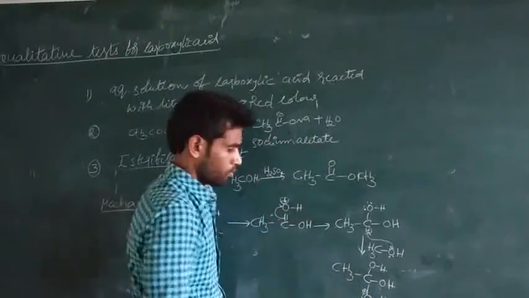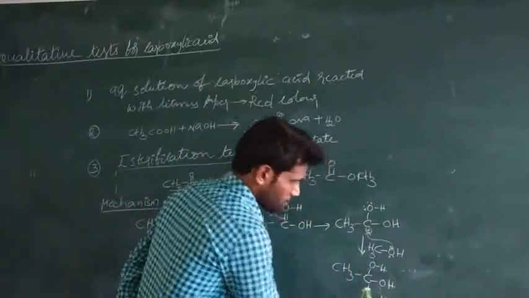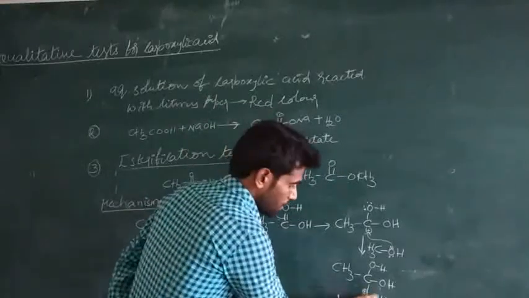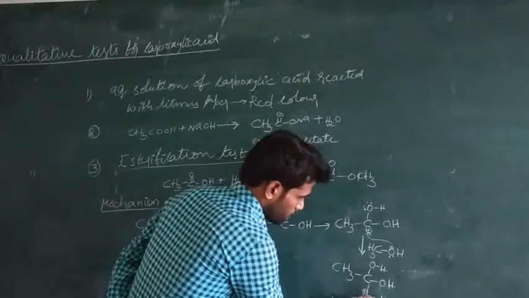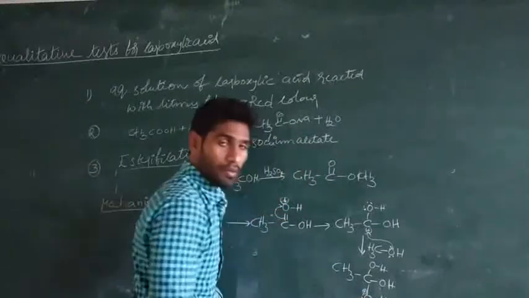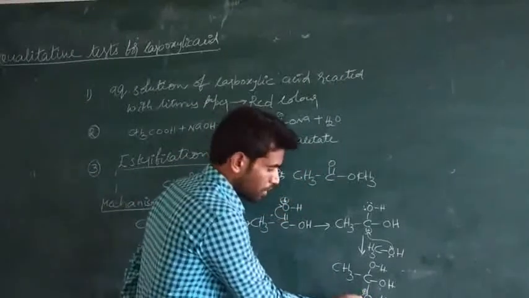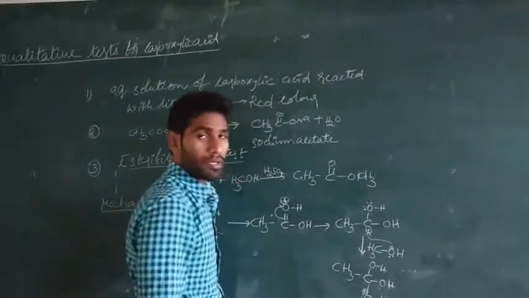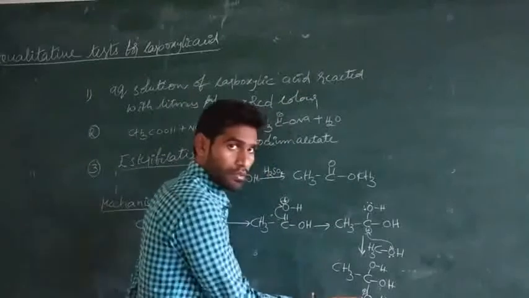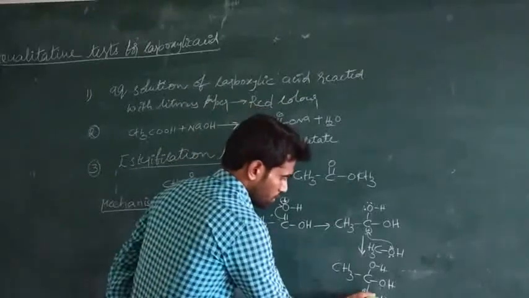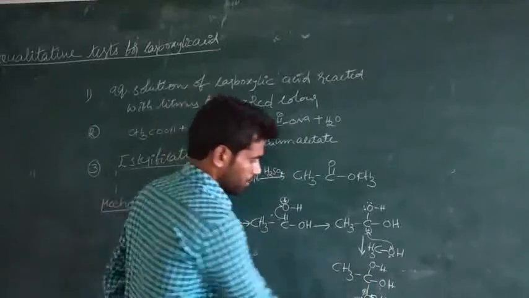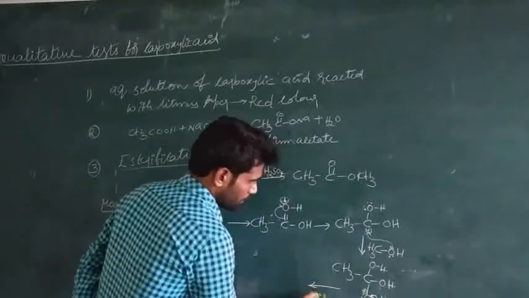Oxygen is getting positive charge, and here oxygen is taking electrons from the hydrogen atom. The bond between the oxygen and hydrogen will be broken because oxygen is more electronegative compared to hydrogen atom. So oxygen is pulling electron from the hydrogen atom. Now hydrogen is eliminated.